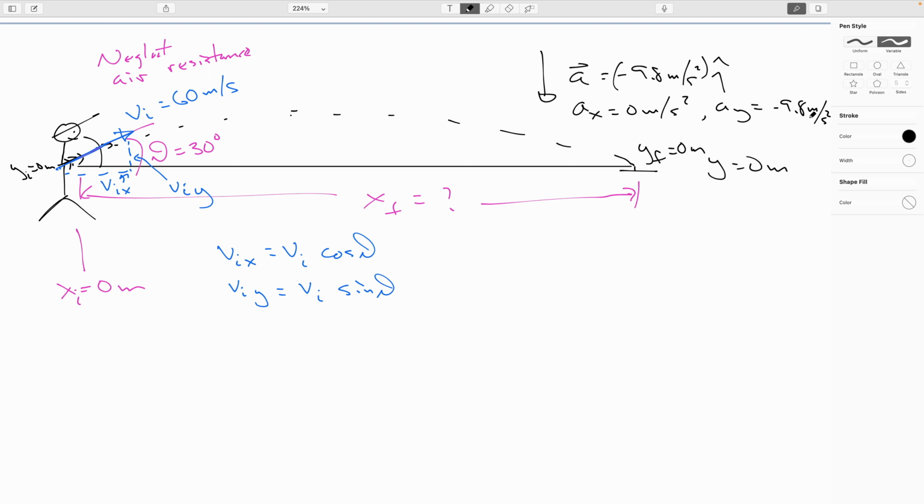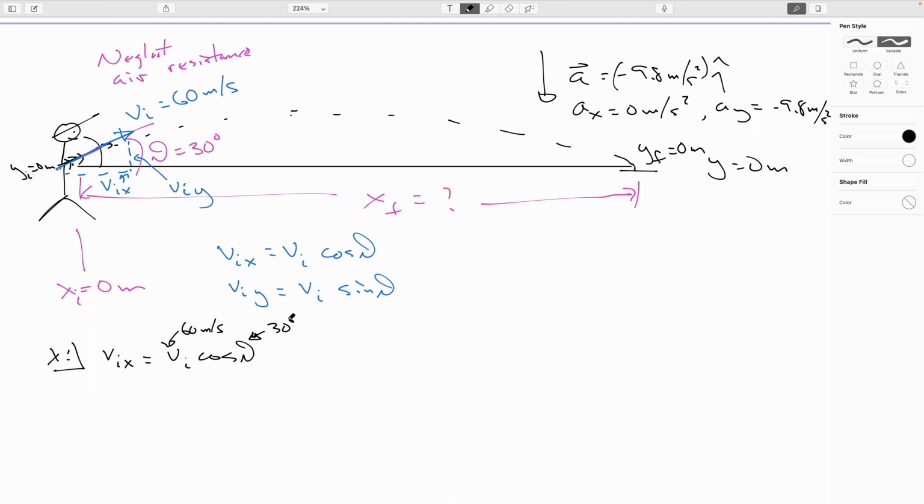Now, let's go ahead and start writing down our land of x and our land of y and figure out what we've got. So we'll just start with the land of x. And we know that v initial x is equal to v initial, which we know is 60 meters per second, but I'm going to be lazy about putting it in right away, cosine theta, and we know theta, that's 30 degrees.